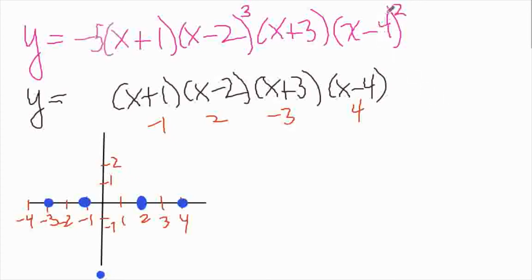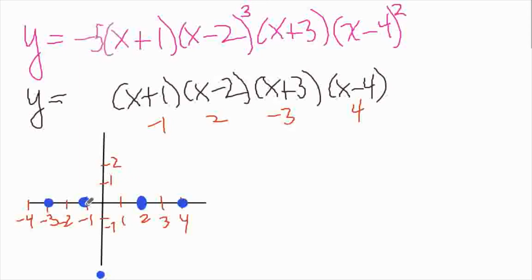In other words, you get a little mini parabola, because remember, an exponent of 2 is associated with a parabola. For the x minus 2 part, you end up getting a little cubic close to the zero of 2.